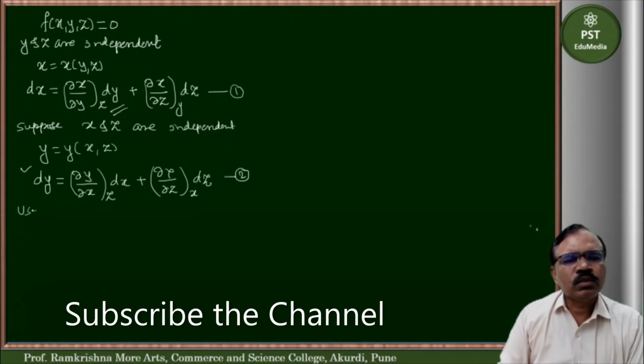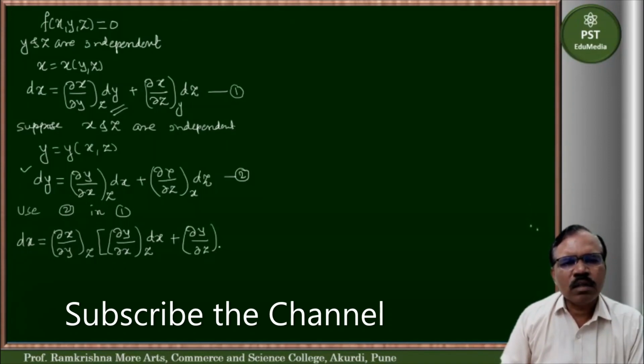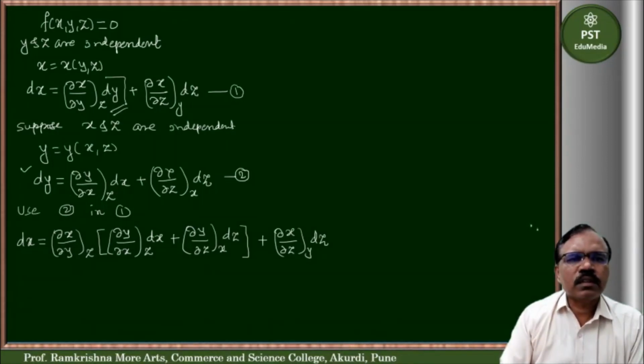So we will get dx is equal to partial x by partial y with z constant in bracket, then dy, that is partial y by partial x with z constant into dx plus partial y by partial z with x constant into dz, plus partial x by partial z with y constant into dz. So we have used dy here.